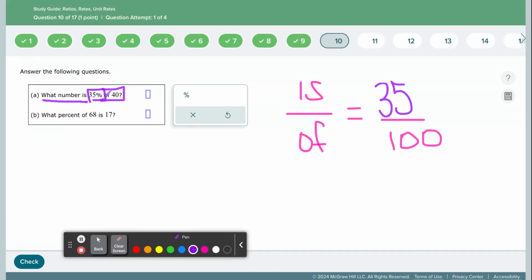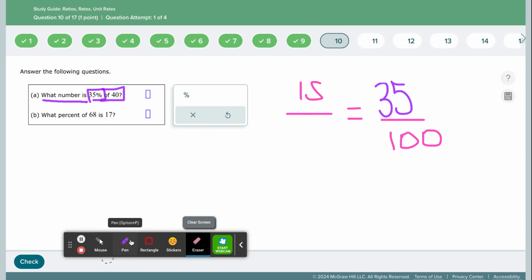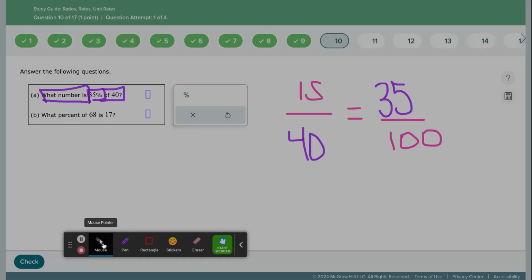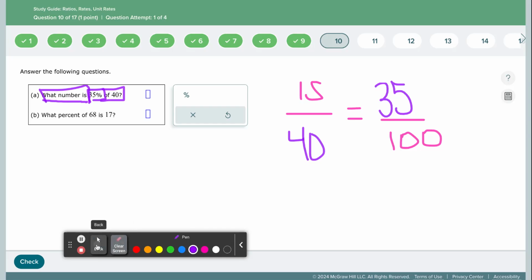And the only word next to 40 is of. So I'm going to put that in my of spot, right? Cool. So that means my is my what, right? And in math, instead of saying what, we put a variable. I always use X. It's just my thing.